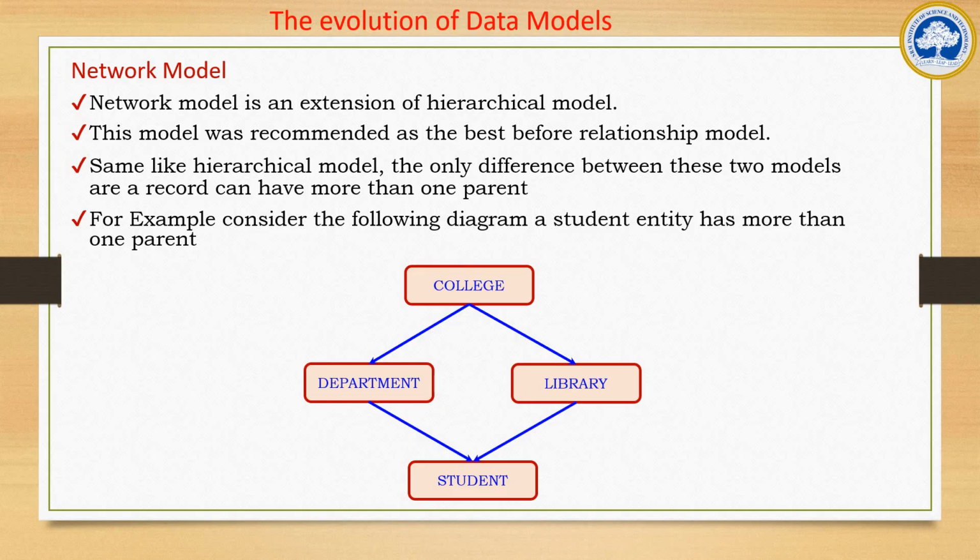For this example, the college is further divided into department and library, but the student has a relationship with both of these nodes, the department as well as the library. So if any one parent is deleted or something changes, we still have a relationship.